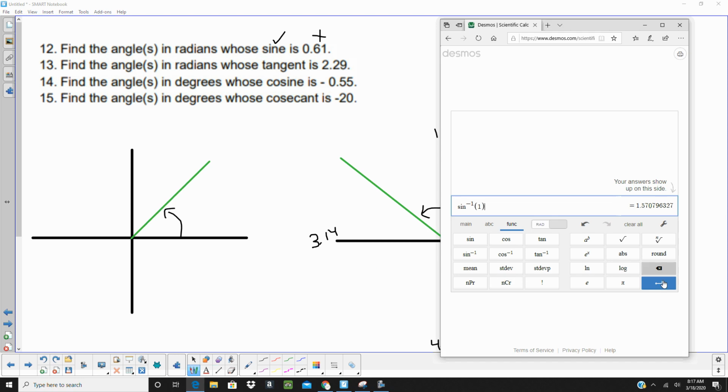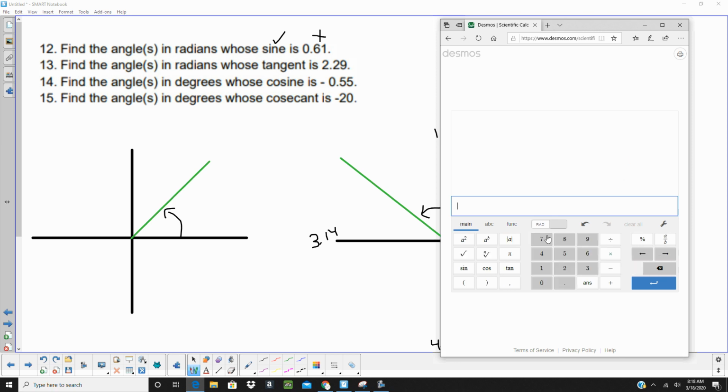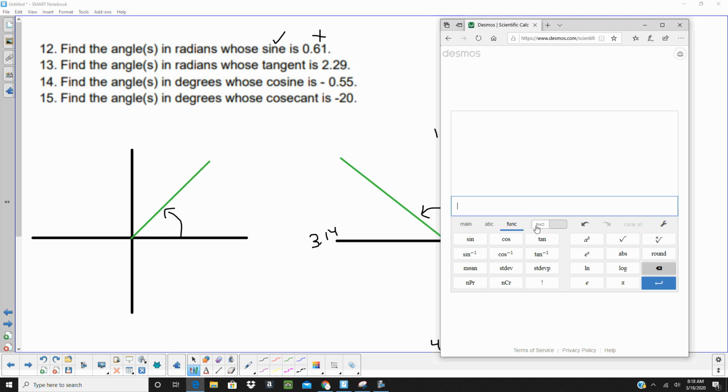And on this one, I just did a Desmos scientific calculator, just Googled it. If you don't have a calculator at home, just do that and it'll give you what you need. I had to find the inverse trig functions by going to the function part and making sure that I was in radians, because the first time I did it, I was not in radians.